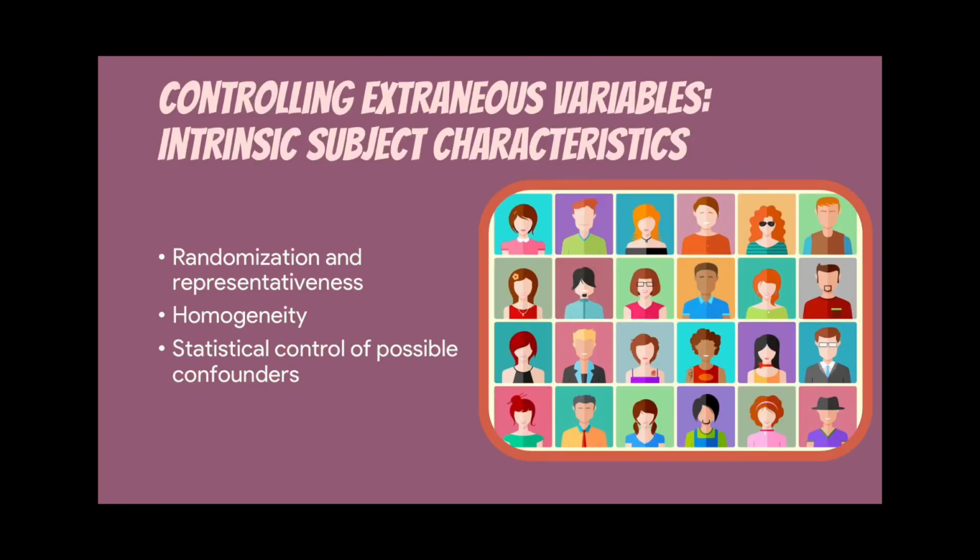So what are the ways that we can control intrinsic subject characteristics that are extraneous variables? The best way really is randomization and representativeness, because the goal is that when you collect a large enough random sample, the values of the extraneous variables will cancel each other out.